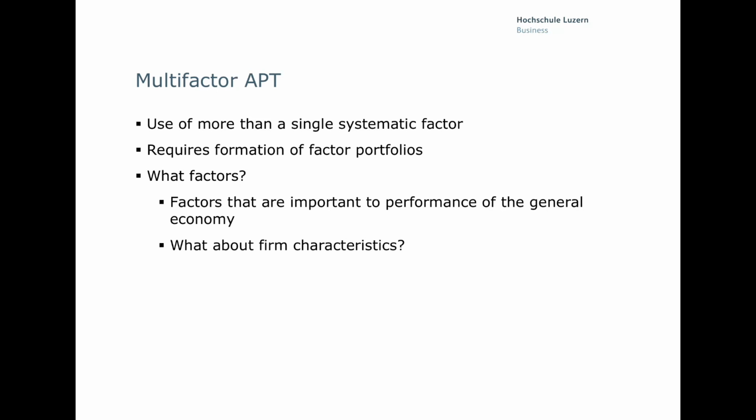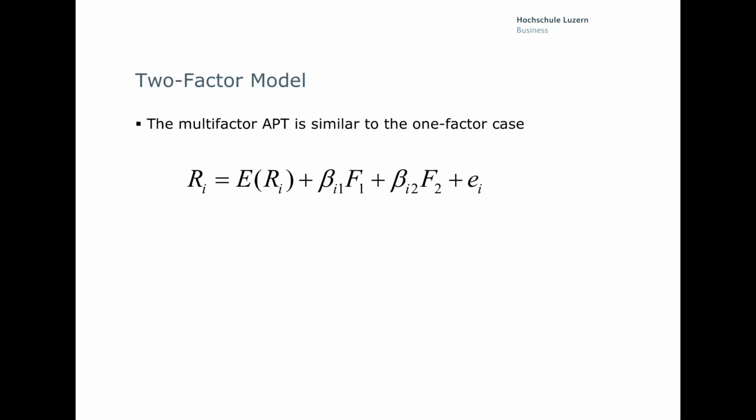Accordingly, we can generalize the single-factor model to a two-factor model. The two-factor or multi-factor APT is shown in the formula below. Factor 1 was the departure of GDP growth from expectations, and factor 2 was the unanticipated change in interest rates.